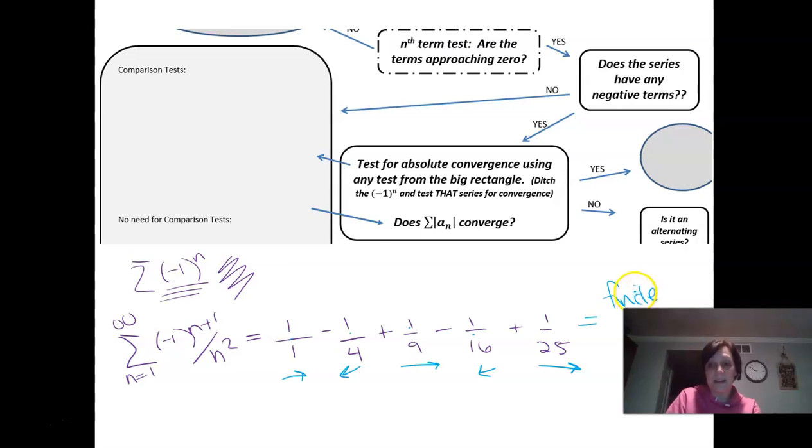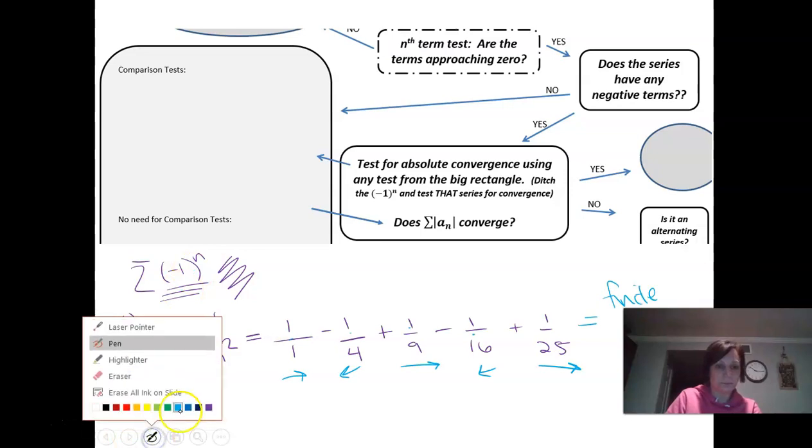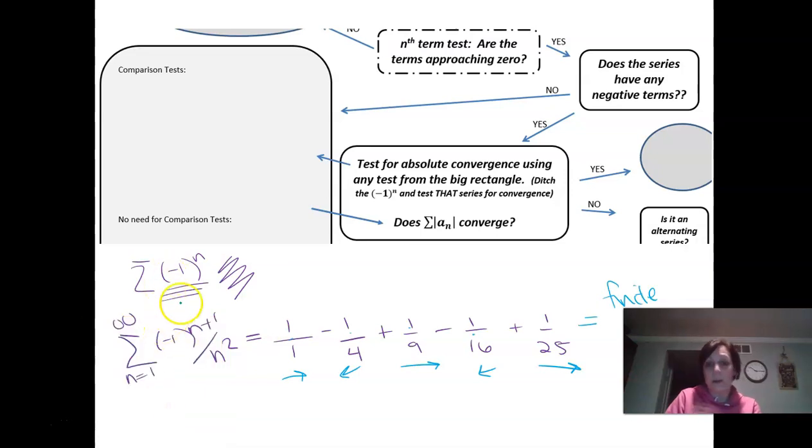So the idea is this. I can come into this series and say, you know what? I'm throwing away this part. I'm taking the absolute value of the series. I'm going to throw away that alternating part, the negative one to the n. What I effectively do is change all these minuses to pluses, right? So instead of a step forward and a step back, it becomes a step forward, a step forward, another step forward, another step forward.